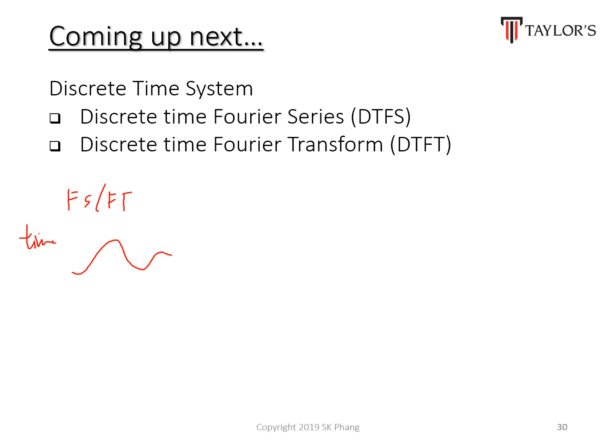If you have a time domain signal that is discrete, let's say a signal like this, what do you need to do? That is where you have to apply the discrete time Fourier series and the discrete time Fourier transform, which you will learn next week.